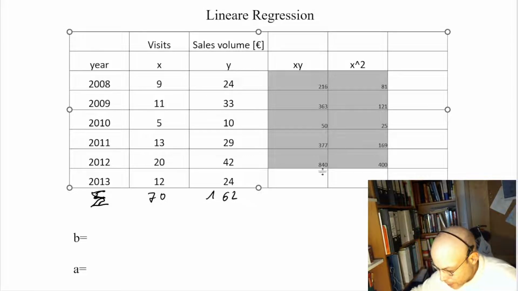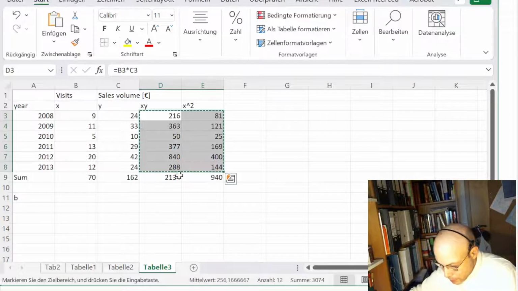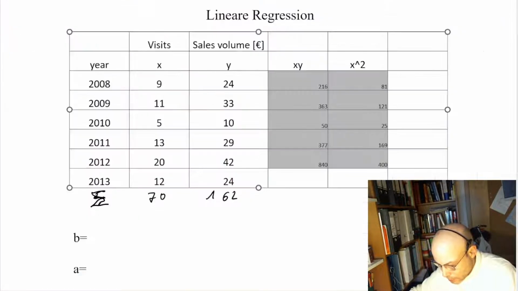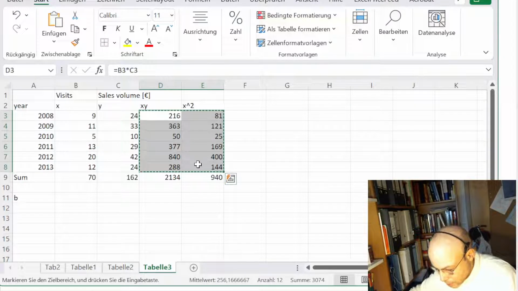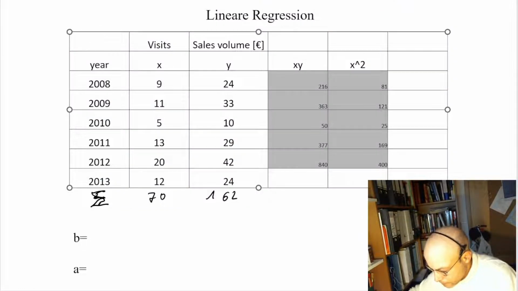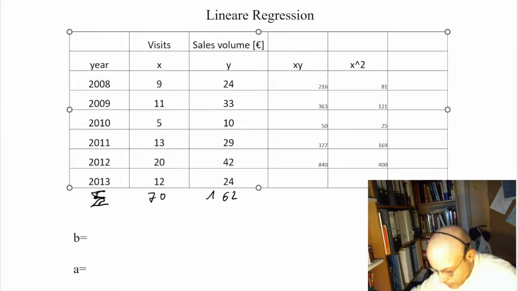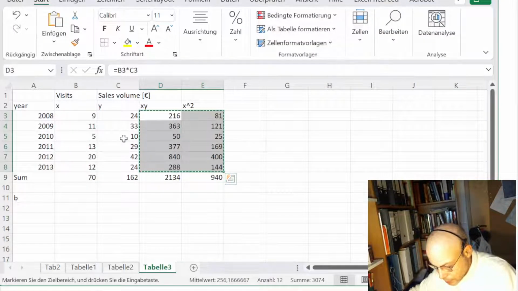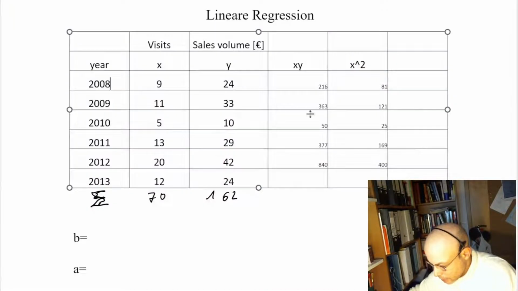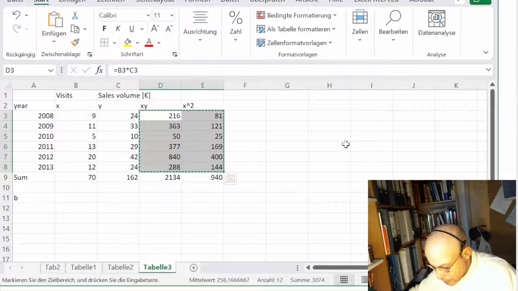What is missing? 260, 81, 50, 25, 840, 400.